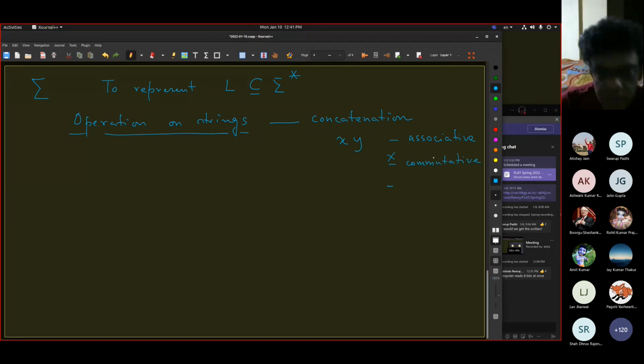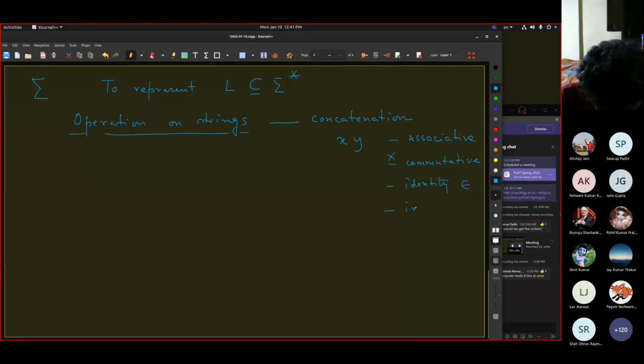Does it have an identity? Yes, the empty string acts as the identity. So identity is epsilon.